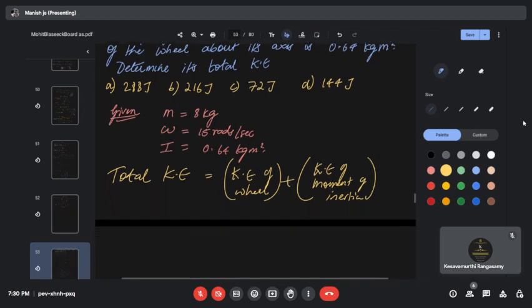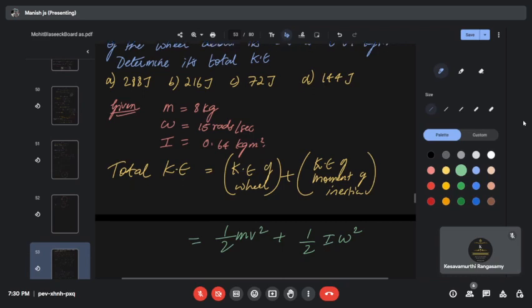General kinetic energy is half mv square, plus, because it has an axis of rotation about which it also rotates, half I omega square.